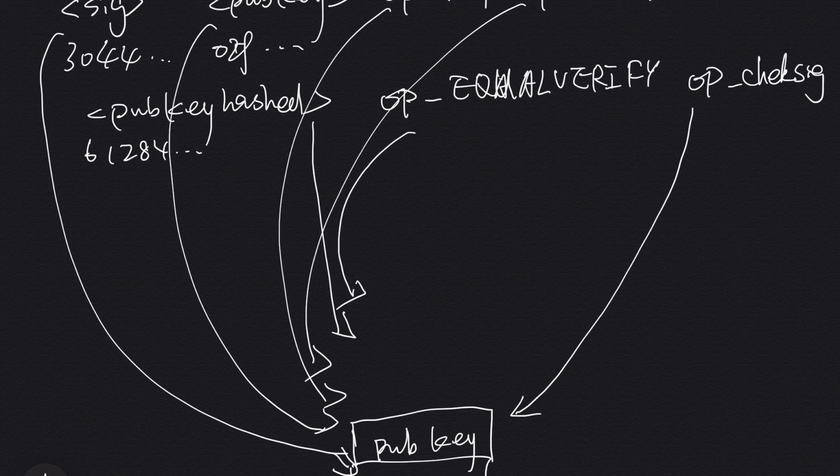What the signature check does is, since on the stack I have the public key and the signature, and I have the transaction. In a previous episode we discussed how the digital signature works.